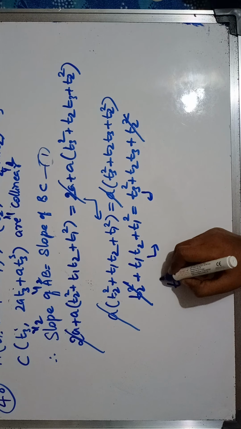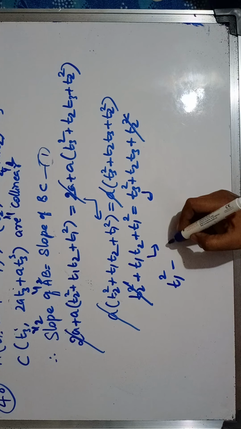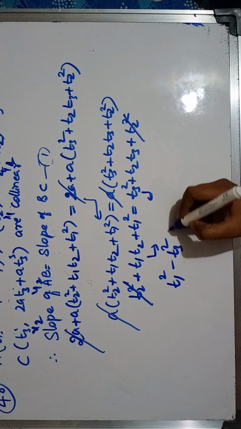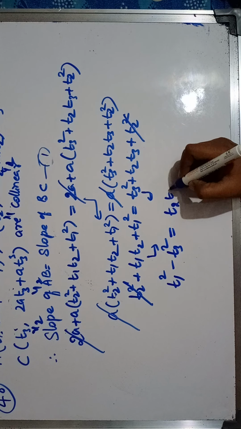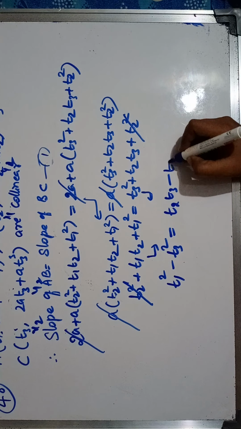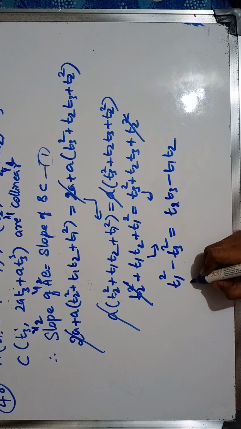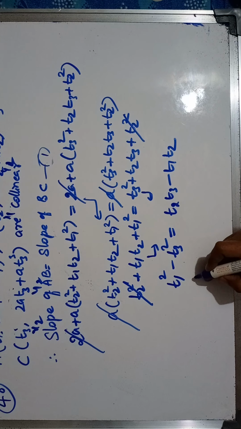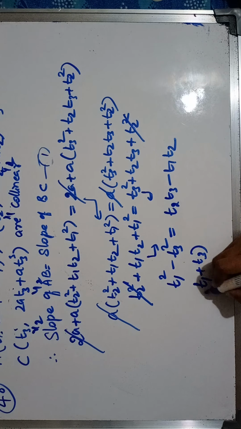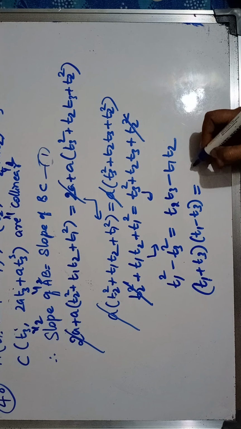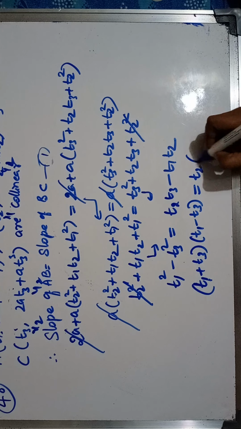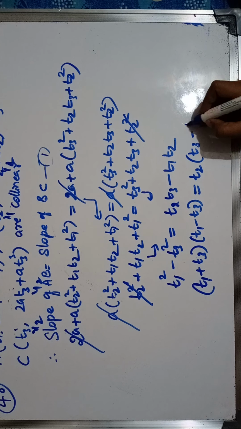So if I take t3 square to the LHS, we get t1 square minus t3 square is equal to, so here I have t2 t3, this becomes minus t1 t2. This is in the form of a square minus b square. What is a square minus b square? a plus b into a minus b. Therefore this becomes t1 plus t3 into t1 minus t3. This is equal to, from these two I will take out t2, so this becomes t3 minus t1.